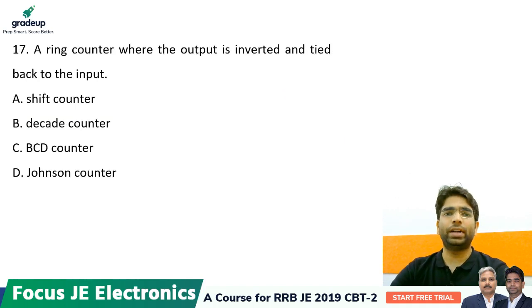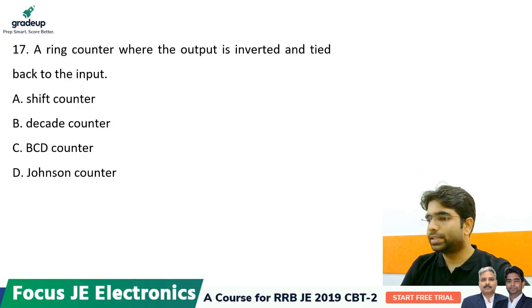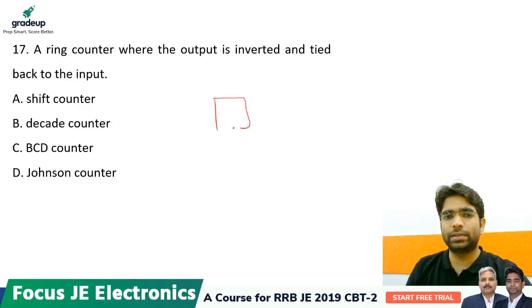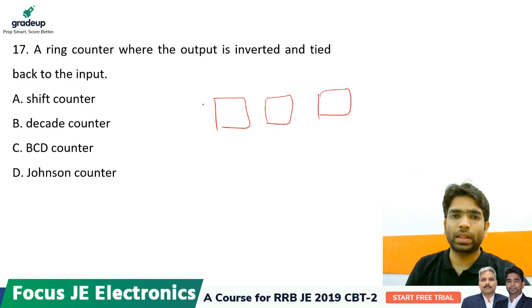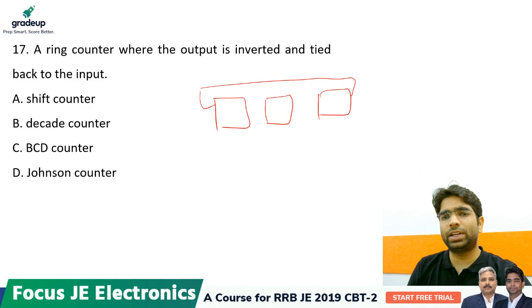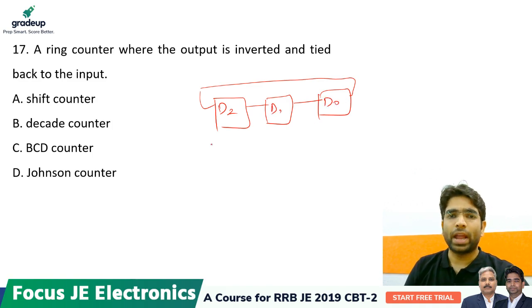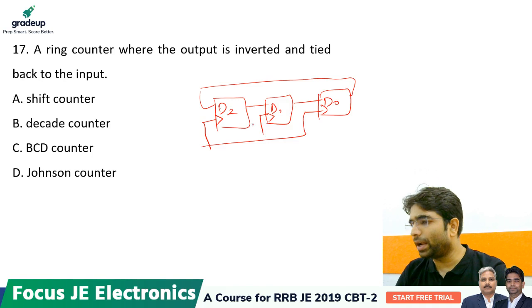A ring counter where the output is inverted and tied back to the input is, yes, a ring counter is like this. Suppose these are the flip-flops and the connection is like this. It is a ring counter. It is a D flip-flop, D2, D1, D0 are the inputs, and the same clock is applied.